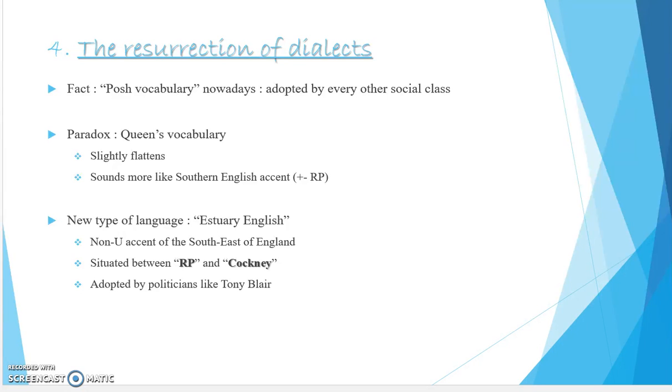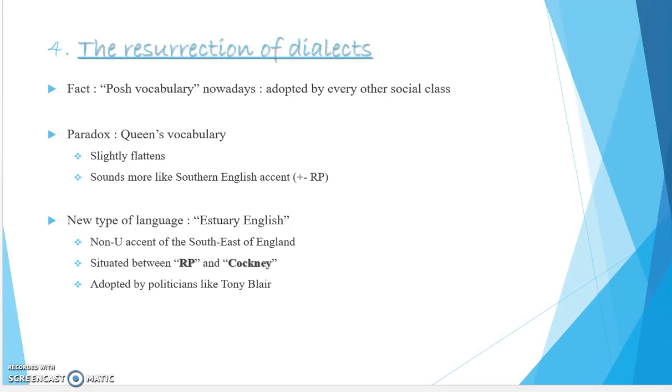A clear paradox is how even the pronunciation of the Queen's language changed through time, reaching a slight accent close to the Southeast English accent. Her vowels have, for instance, slightly flattened, going from a posh "bad" to a Southeast "bad", even though it's not bad to have a bed.